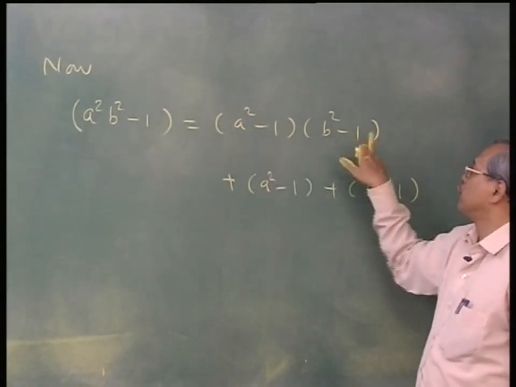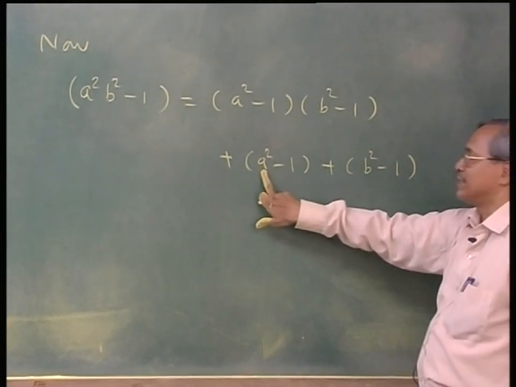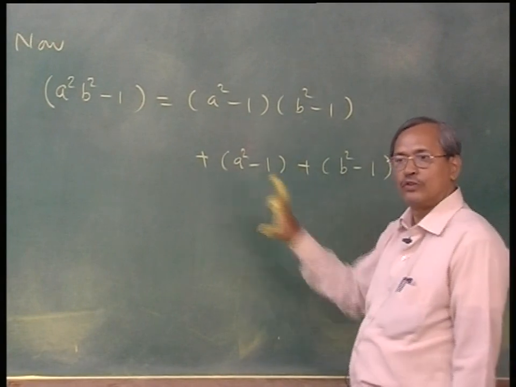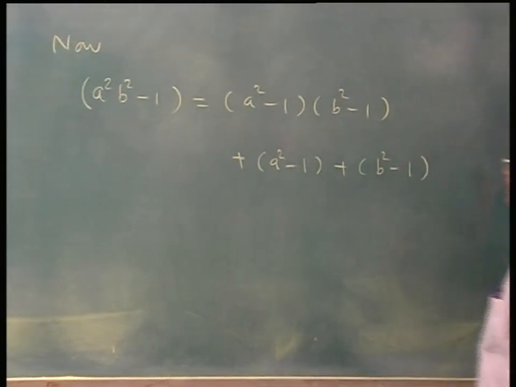And a square into minus 1 and plus a square gets cancelled. Minus b square plus b square gets cancelled. So this is an identity.